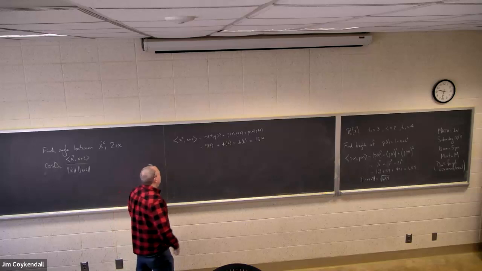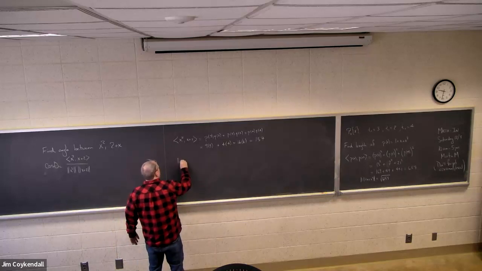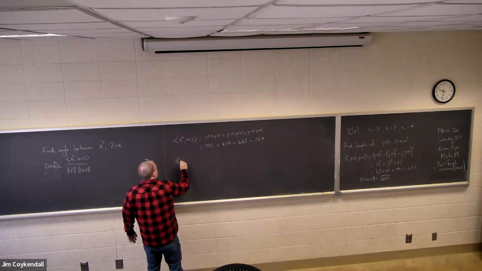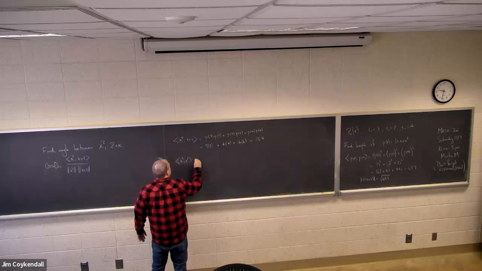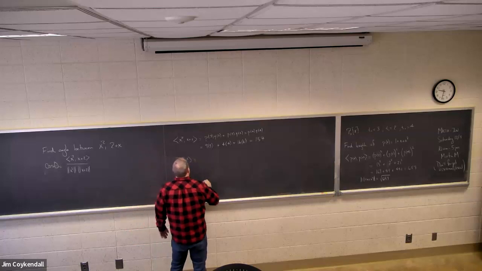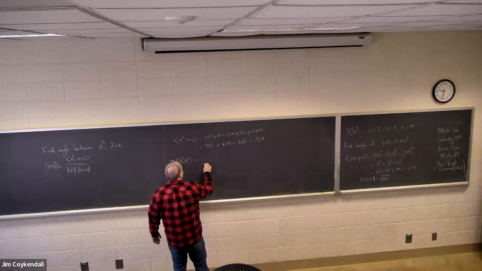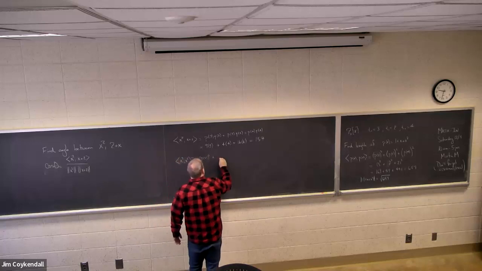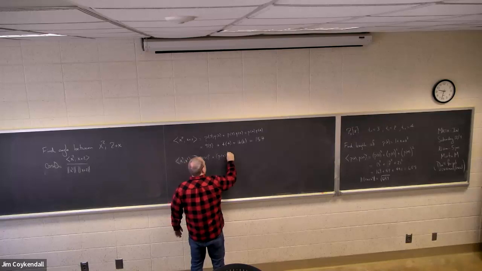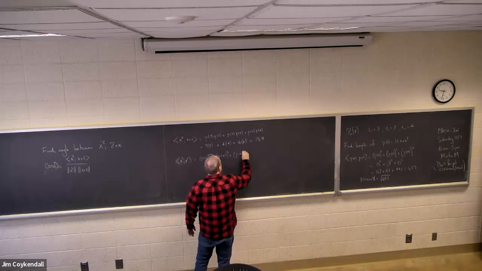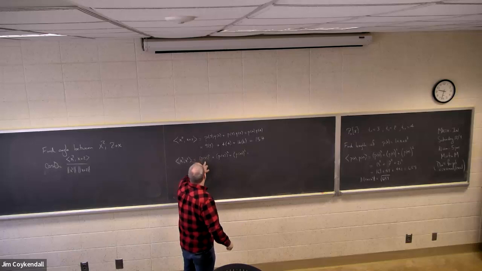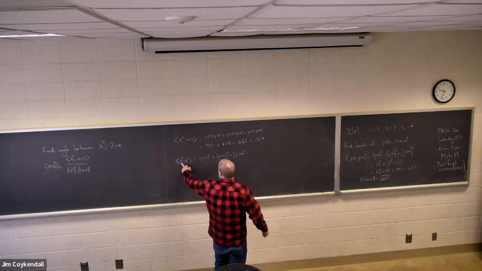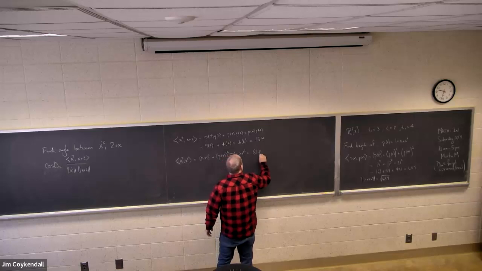And we need the length of x². Well, actually, let me do it this way. The inner product of x² with itself is p(3)² + p(2)² + p(4)², which equals, when I put in 3, 9 squared is 81.